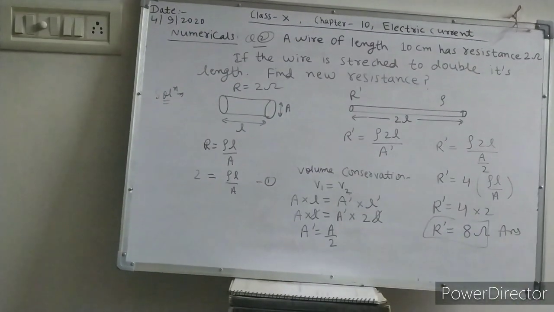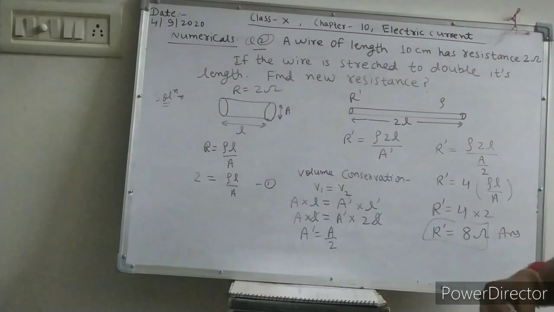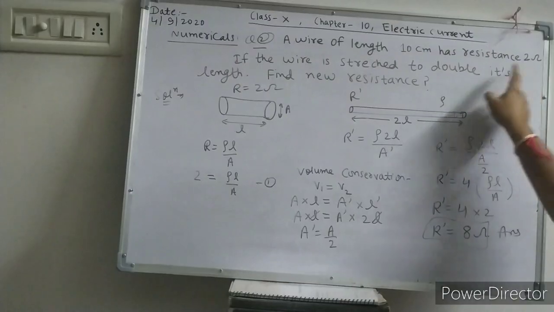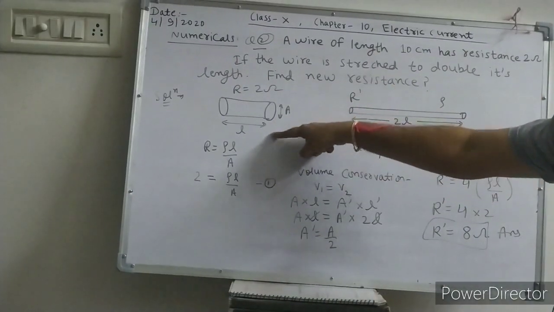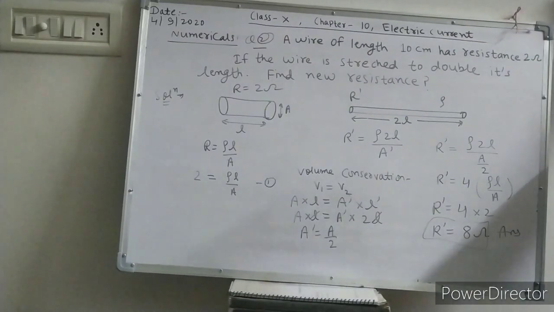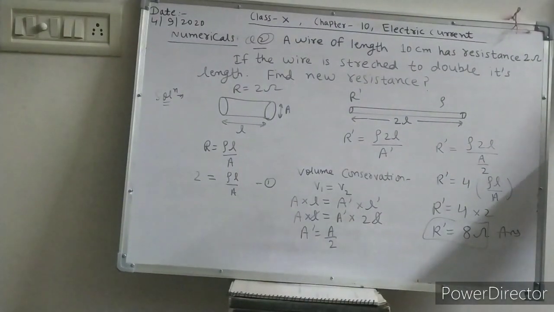Now this question: a wire of length 10 centimeter has resistance 2 ohm, and if the wire is stretched to double its length, find the new resistance.